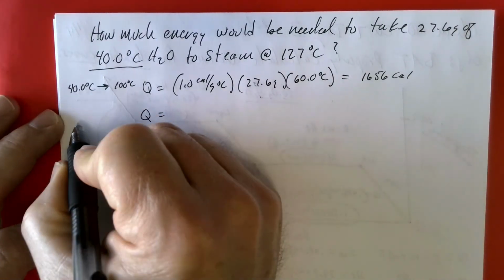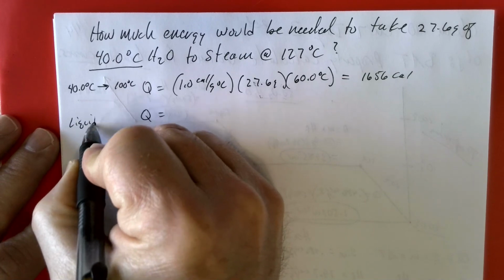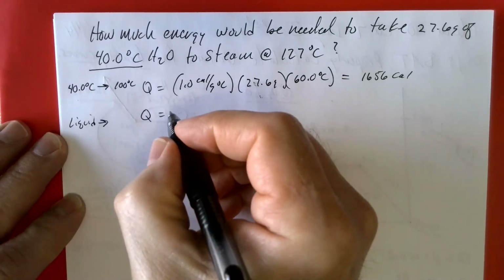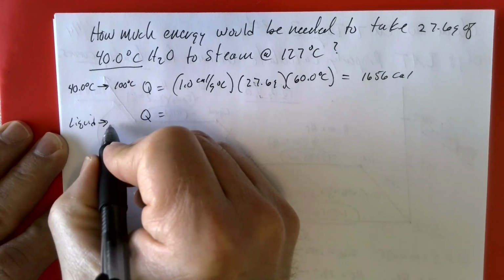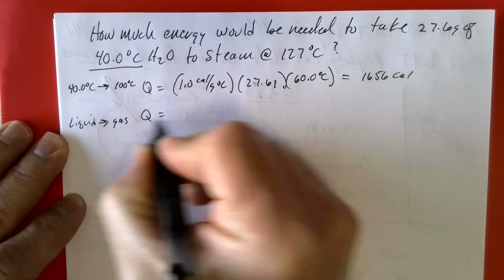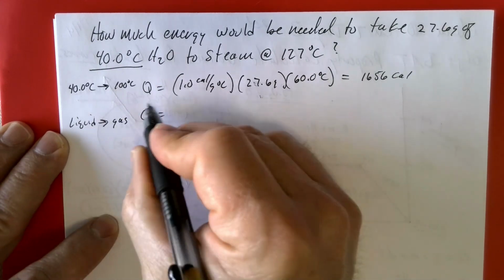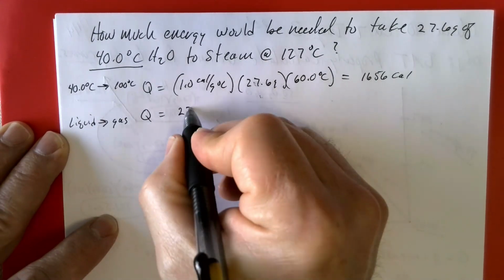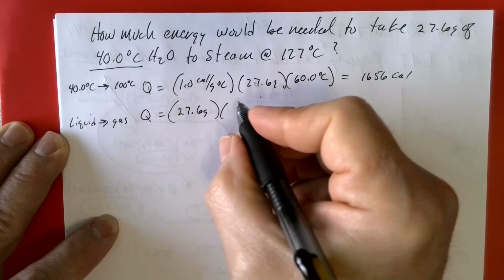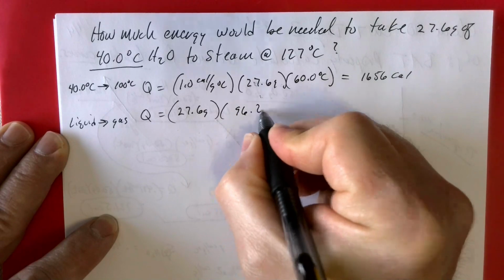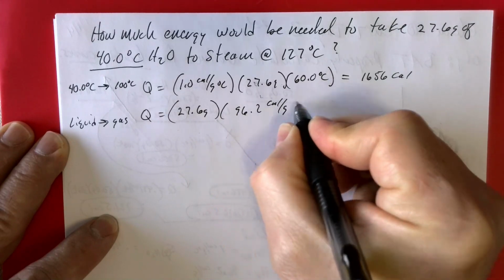Now I'm going to convert it from liquid to a what? A gas. Now I'm going to go from liquid to gas, and that's going to be M times H of V, and that's going to be my 27.6 grams times my H of V, which was 96.2 calories per gram, right?